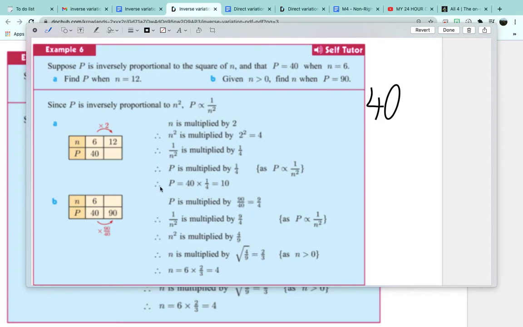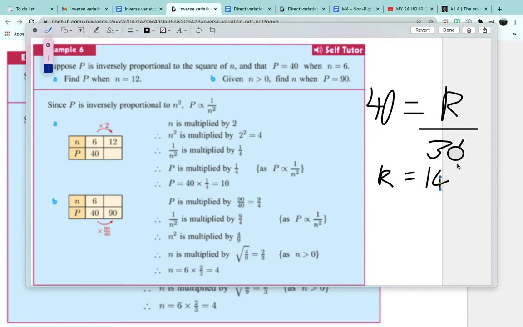We're going to use the 40 and the 6, and using the 40 and the 6 as we did before, we're going to get that k is equal to 1,440.